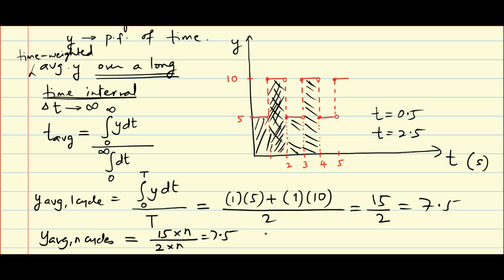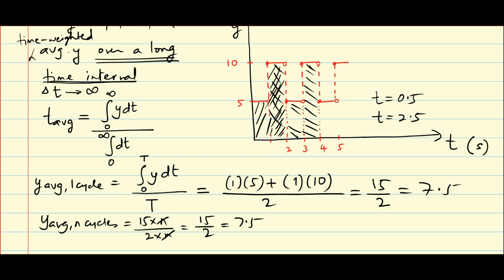Now you allow n to increase. So you allow n to approach infinity. Don't make it equal to infinity. Let it tend to infinity. So howsoever large a value of n we provide over here and over here, they are always going to get cancelled. So the answer is always going to be 7.5.